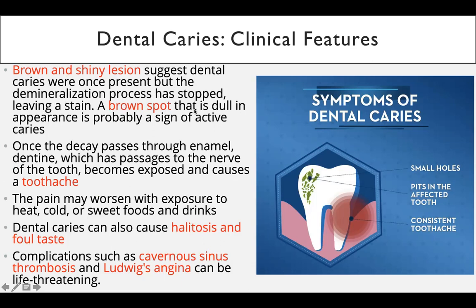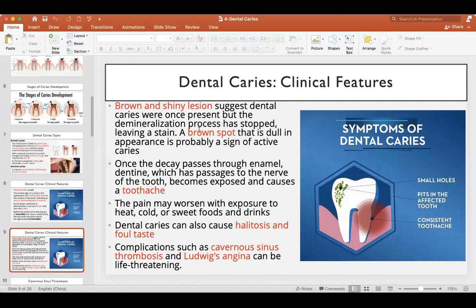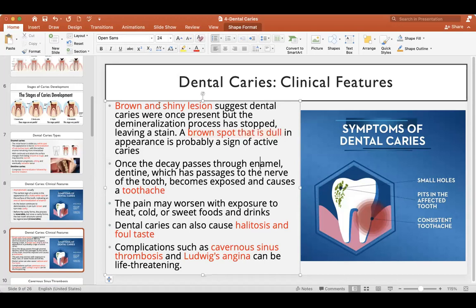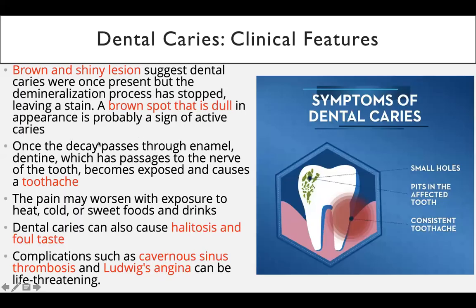A brown spot that is dull in appearance is probably a sign of active caries. So a brown spot that is dull is active caries, and brown and shiny lesions mean the caries were once present. Good to remember.